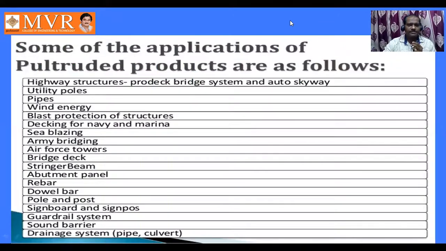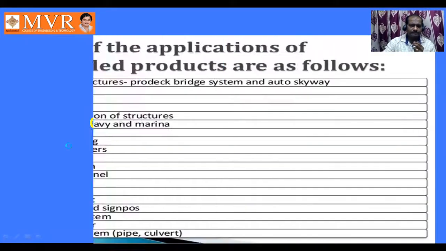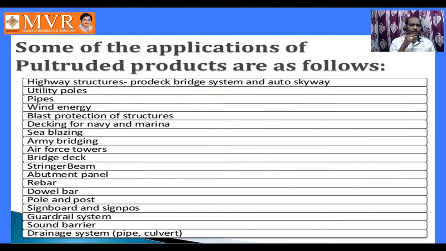Next, coming to applications. Some of the applications of the pultruded products are highway structures, bridge systems, and auto skyways, utility poles, pipes, wind energy components, blast protection of structures, decking for navy and marine, sea bracing, army bridging, Air Force towers, bridge deck, stringer beam, abutment panel, rebar, dowel bar, pole and post, signboard and signposts, wood rail system, sound barrier, drainage system, pipe culverts.